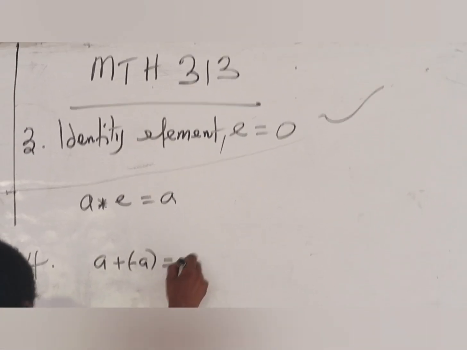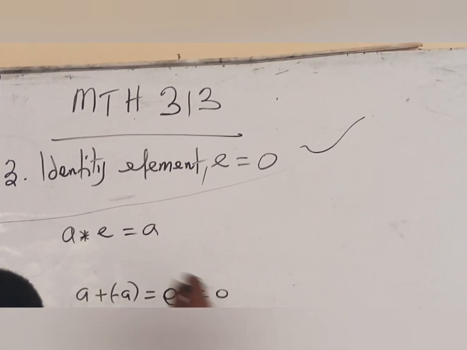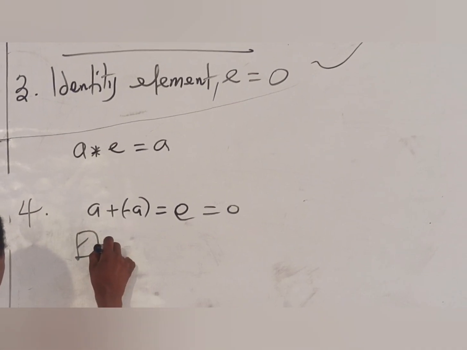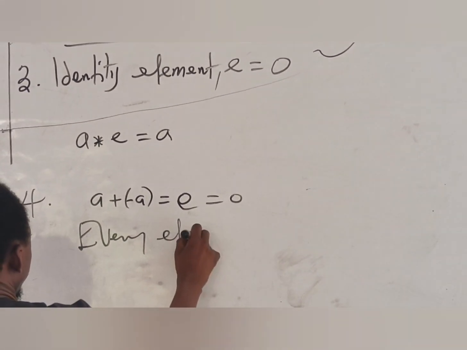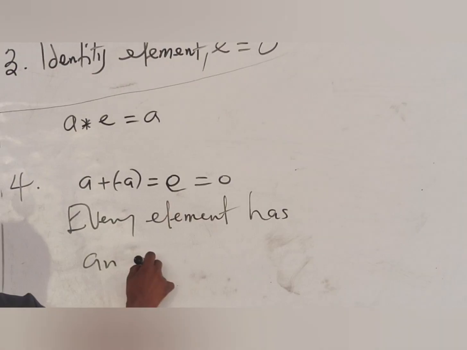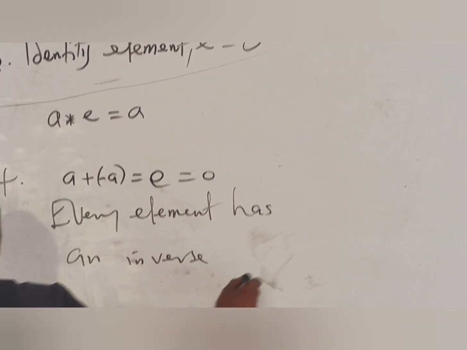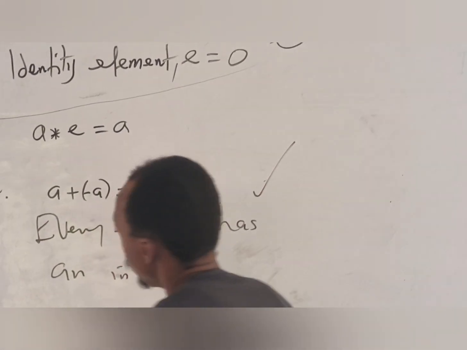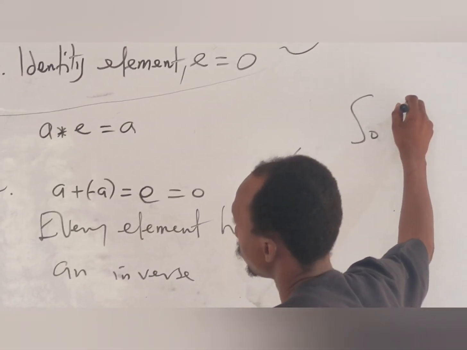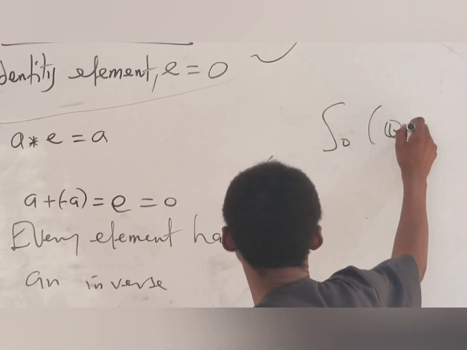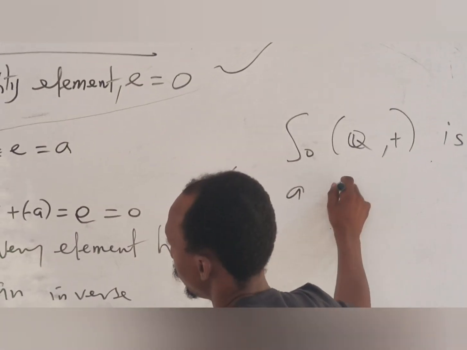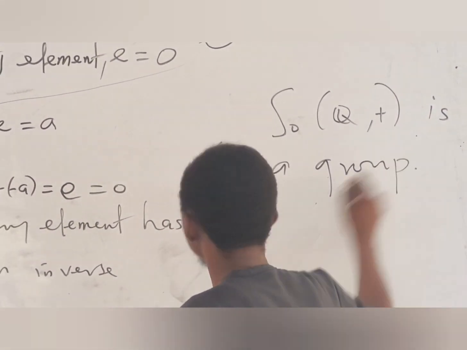We get zero. The element has an inverse. So is this a group? So the set of rational numbers under addition is a group.